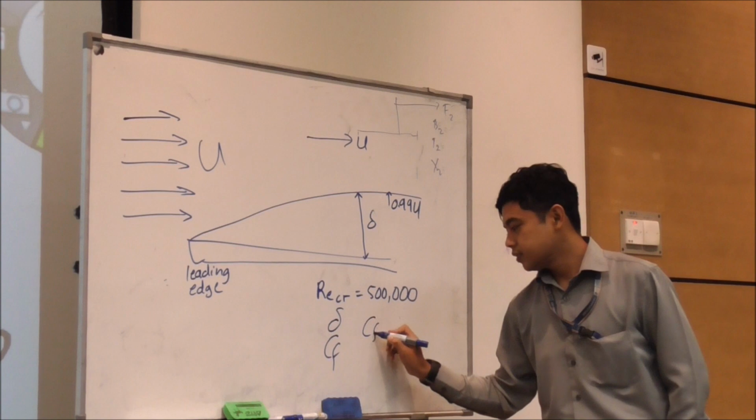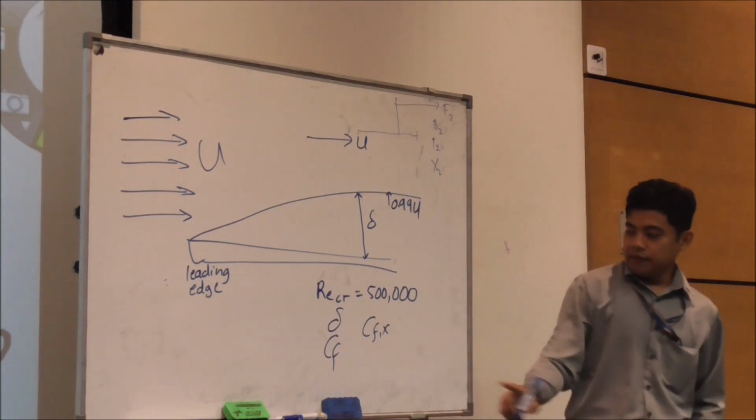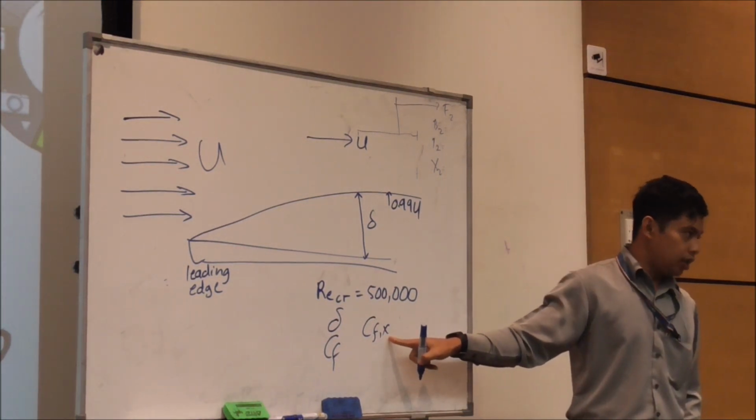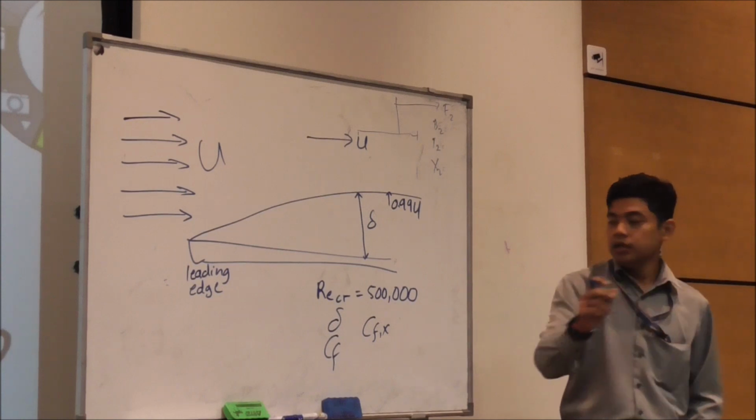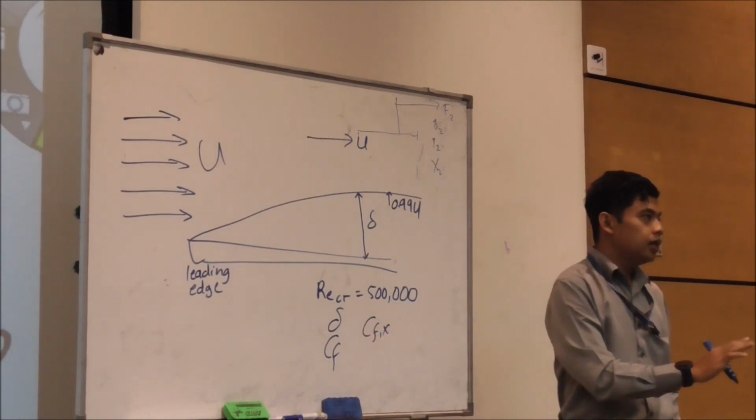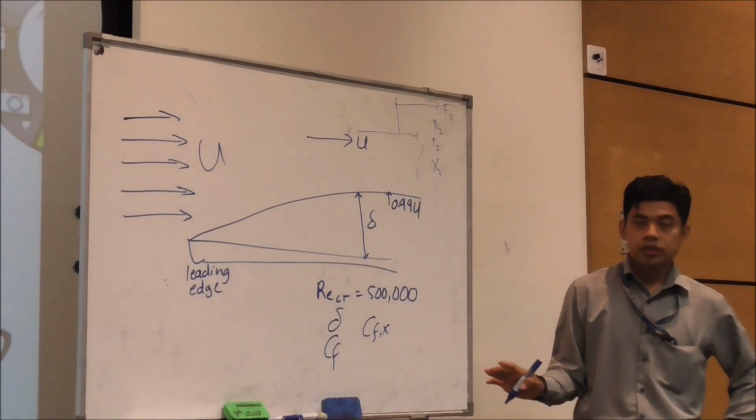CF and CFX, right? Whenever you have X, it means local, it means at a particular point. When there is nothing, then it is the overall or the average, right?